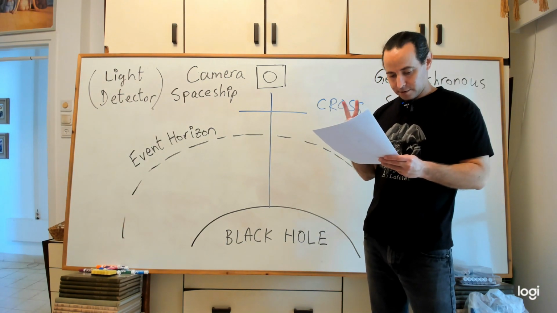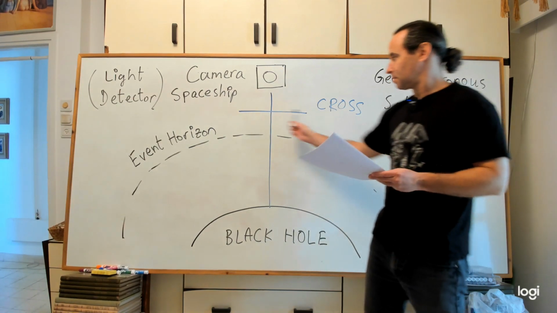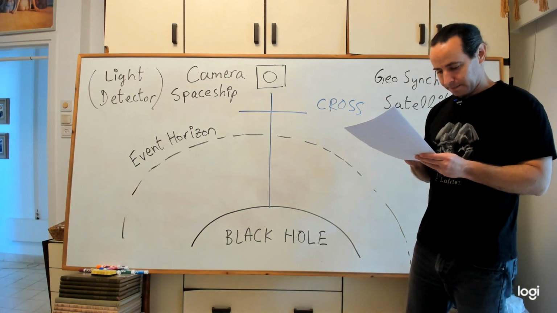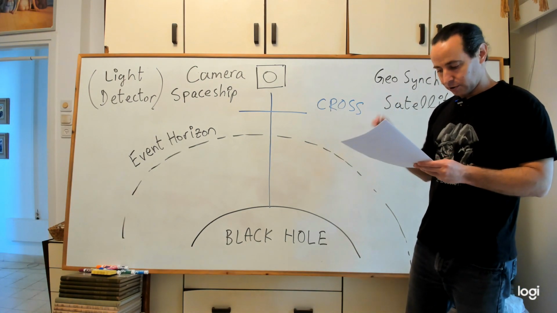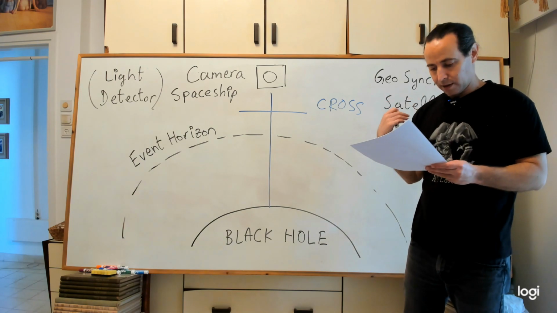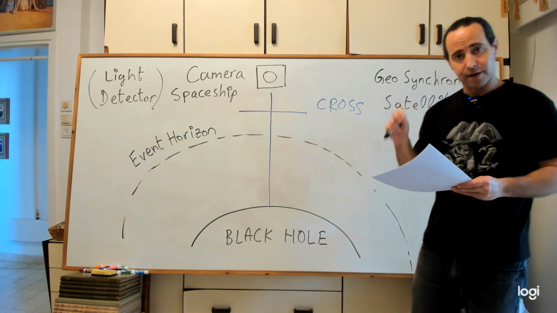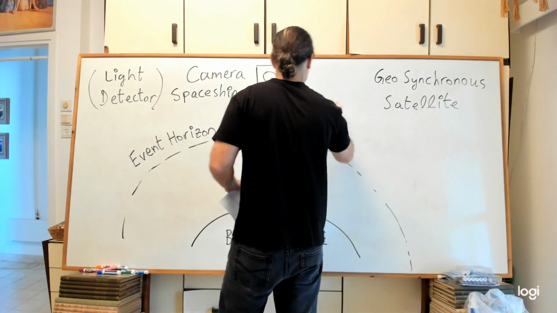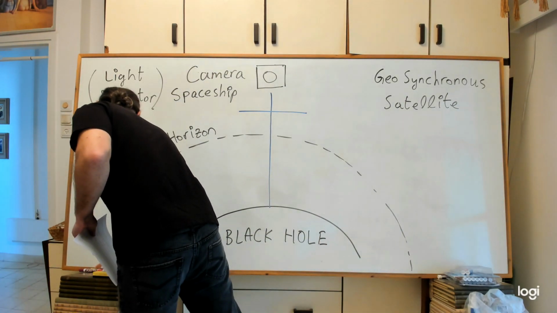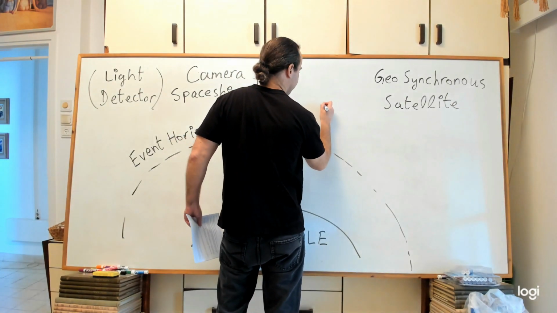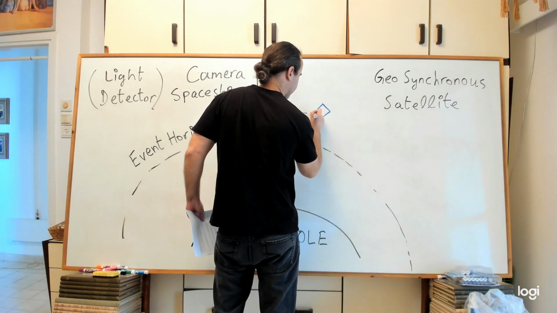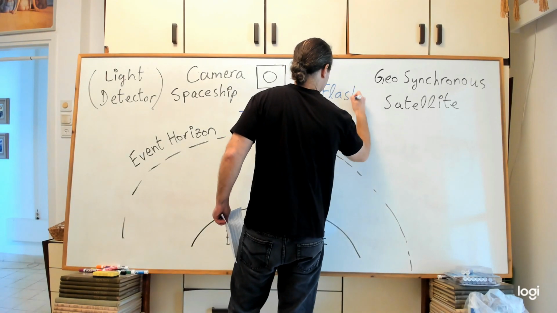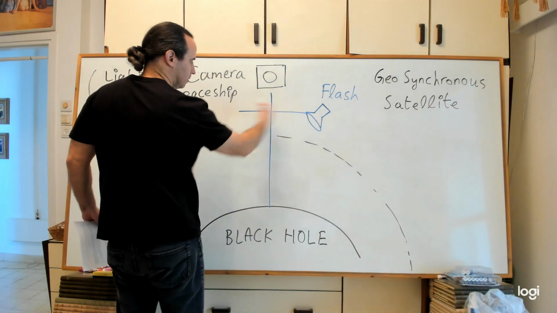On both sides of the short horizontal axis of the cross, the shoulders, will be the flash of the camera. Okay, the flash here, and also here.